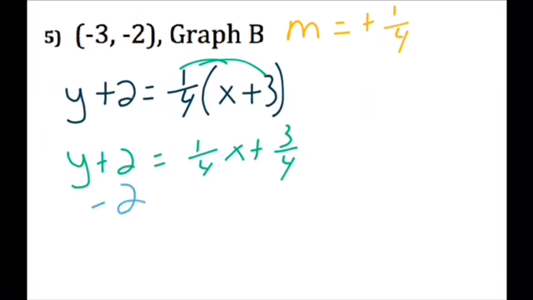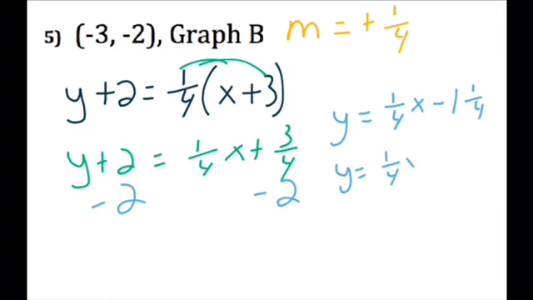Now we're going to subtract 2 from both sides, and we get y equals 1/4 x minus 1 1/4. Or we could say y equals 1/4 x minus 5/4.